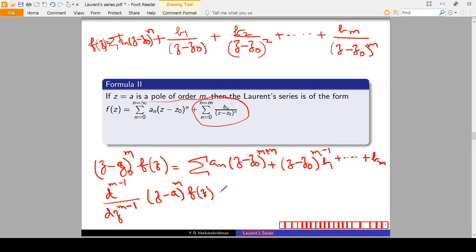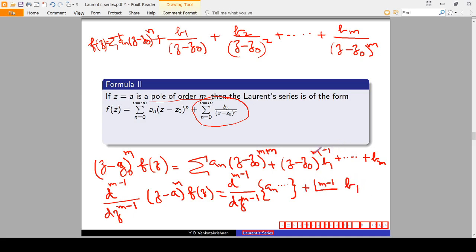So when I differentiate this, automatically I will have the formula here: d power m minus 1 by dz power m minus 1 of the term an dot dot dot, and this will be factorial m minus 1 b1.